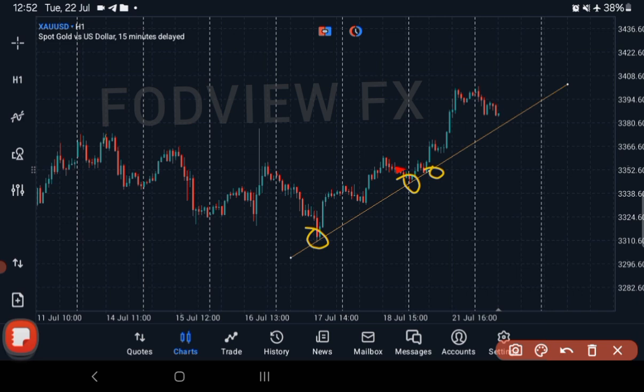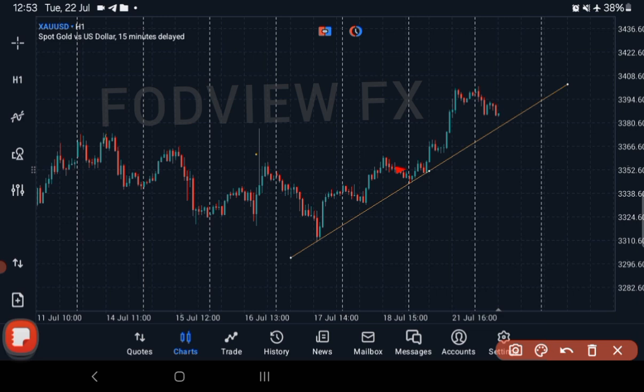And at this point, you see the price is returning to the trend line. So we have identified this point as a resistance point, which you can take advantage of in taking your trade. This is a bullish trend.